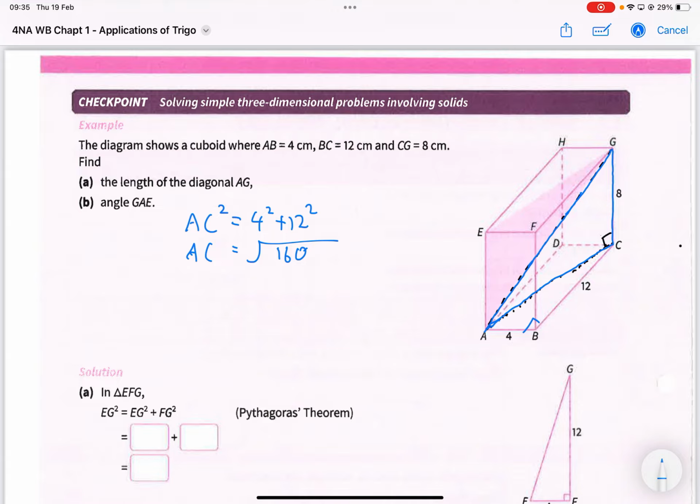Then after that, in this right angle triangle ACG, I can find AG. AG square is equals to 8 square plus AC square.